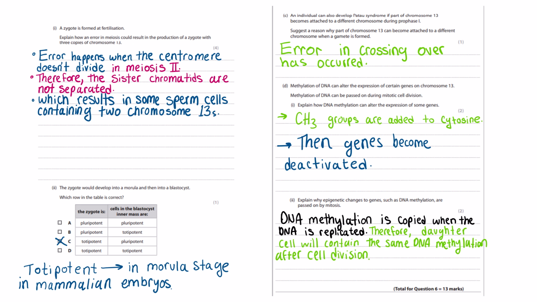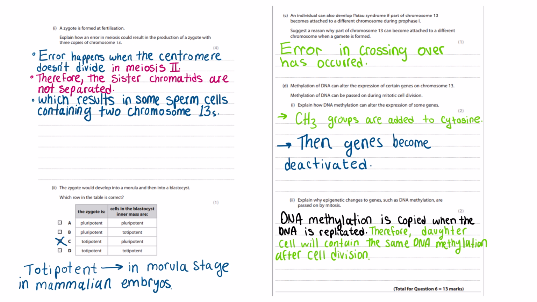Now let's move on to question number C. An individual can also develop Patau syndrome if part of chromosome 13 becomes attached to a different chromosome during prophase 1. Suggest a reason why part of chromosome 13 can become attached to a different chromosome when a gamete is formed.